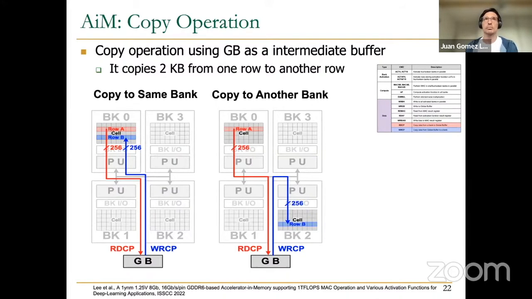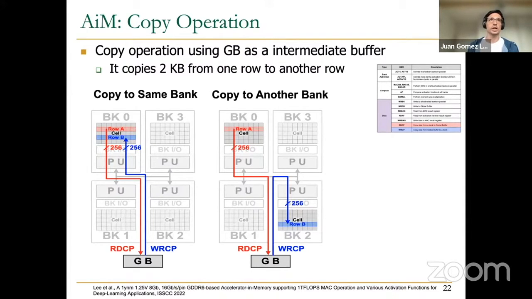As far as I can remember, Samsung HBM-PIM also provides ways of moving data inside the HBM layers. But here is, I would say, out of these real-world processing-in-memory architectures, the one that has more clearly specified how this data movement can happen.